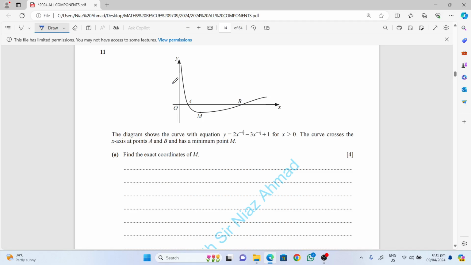So I think last part of this question is question number 11. And this area is below the x-axis. Remember this thing. So negative. Find the exact coordinates of M. First, you need to take the derivative of this expression.